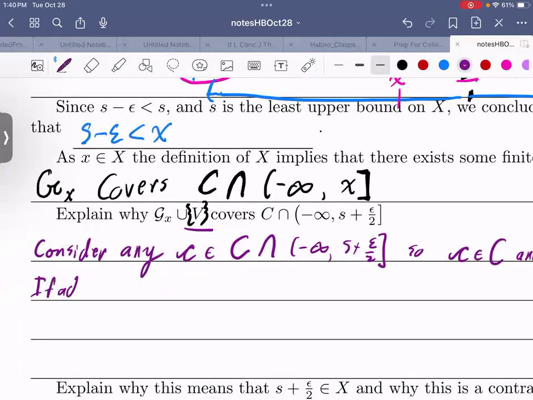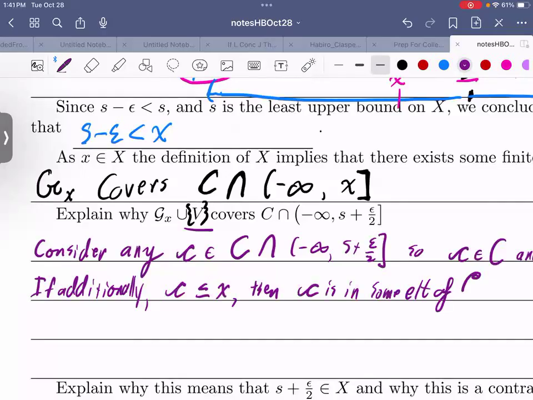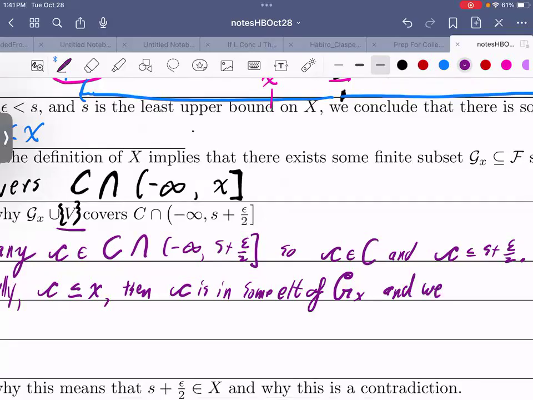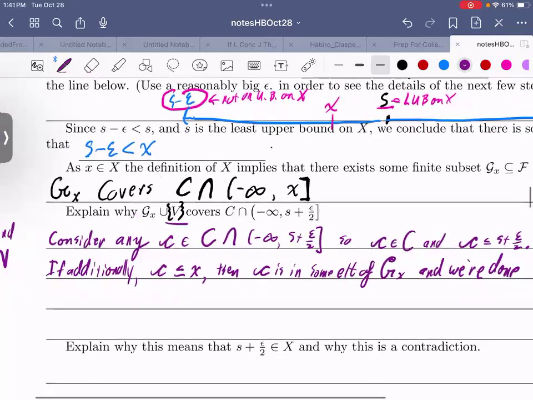If, additionally, c is less than or equal to X, then c is in some element of G sub X, and we're done. Why are we done? Well, what does it mean to cover? Every element of that set needs to be in one of the open sets in this collection. Things in G sub X, yeah, they're in that collection.